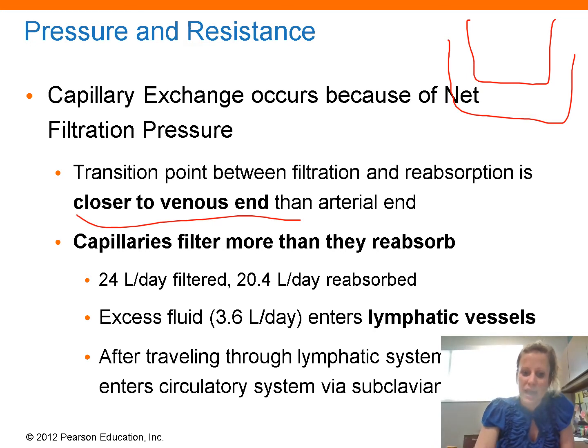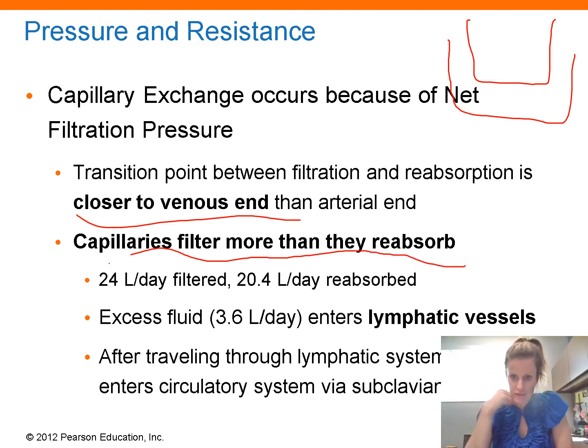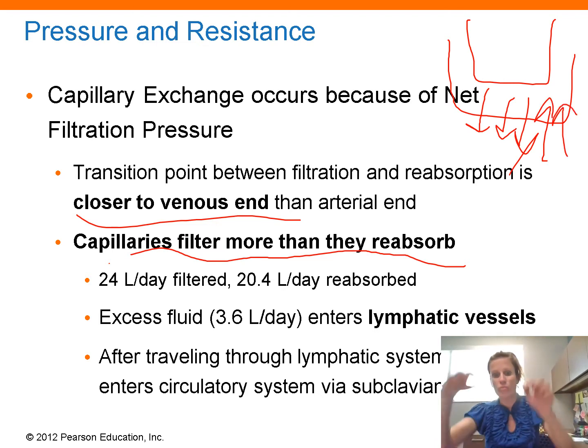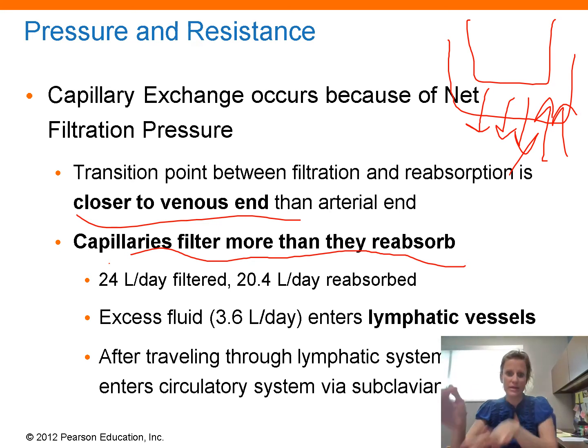That means the capillaries filter out more fluid than they reabsorb back into the blood. So we filter, filter, filter, and then just reabsorb. More fluid gets pushed out of the blood than gets pulled back in.